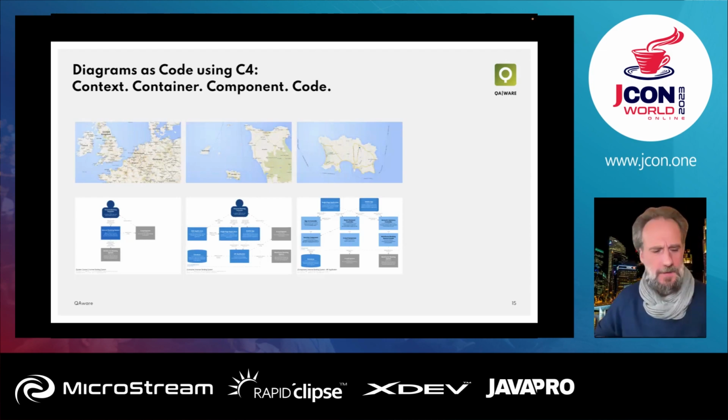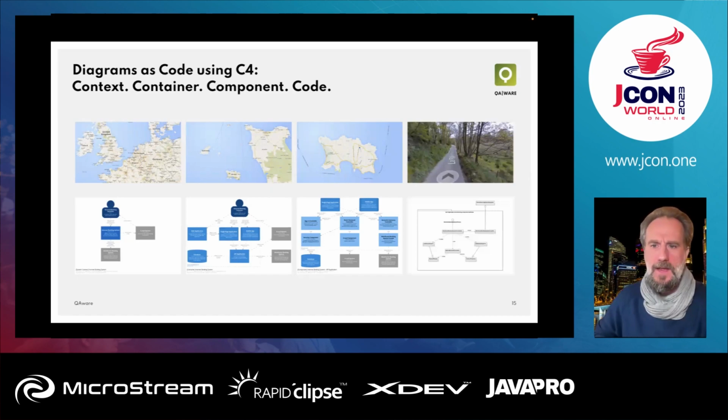And if you would then double click on a component, then at some point you would go to the code level, where we really talk about interfaces and classes and enums and whatever you have to implement your system. So usually you can skip the code view, because at that point you can easily go into a code base and have a look yourself.